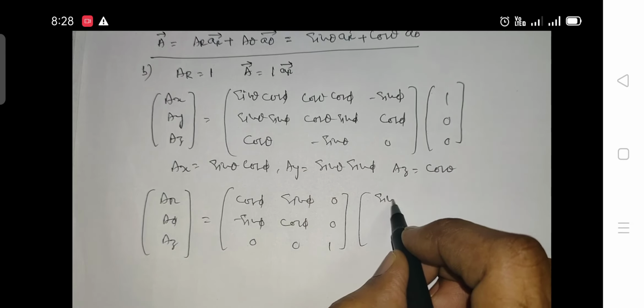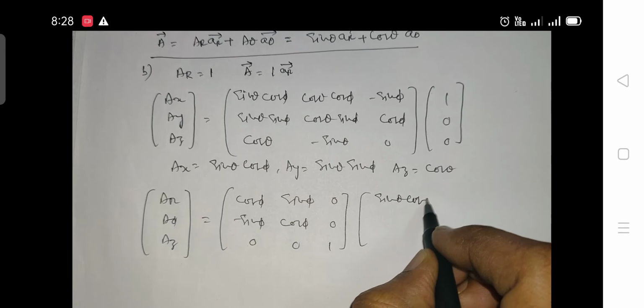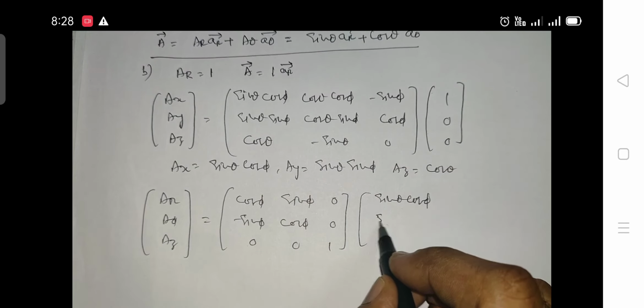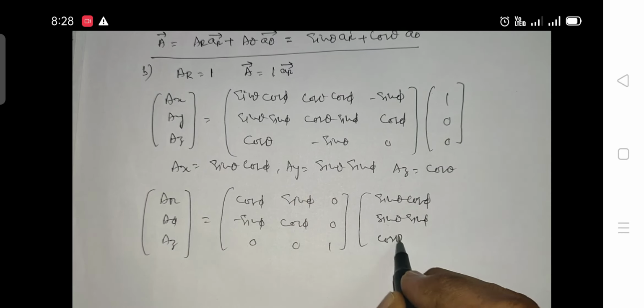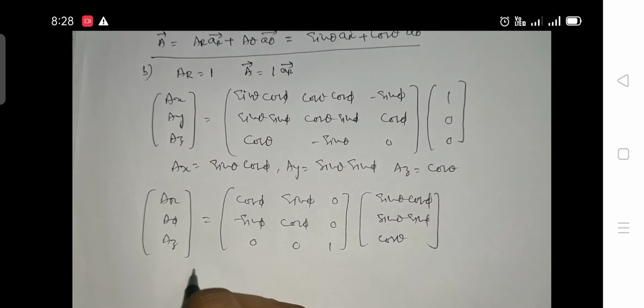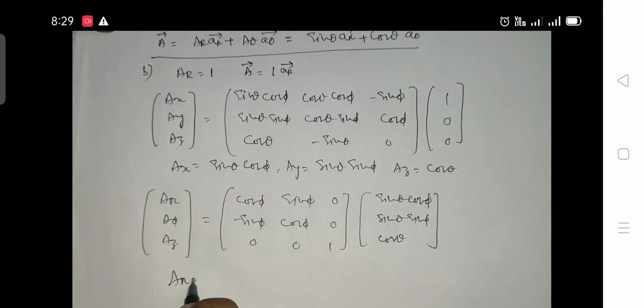So sin theta cos phi, sin theta sin phi and cos theta. And if we simplify this, we are going to have AR as equal to sin theta into cos square phi plus sin theta into sin square phi. And if we simplify this, we get sin theta.